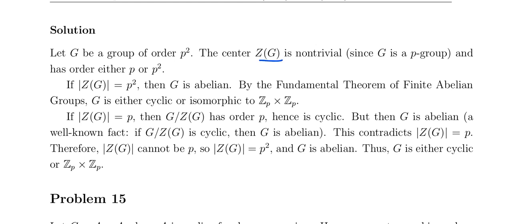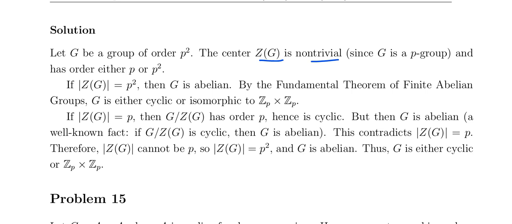The center of G is a non-trivial subgroup, since G is a p-group, and is of order p or p square. The order of Z(G) is p or p square, because the order of Z(G) should divide the order of G, which is p square.